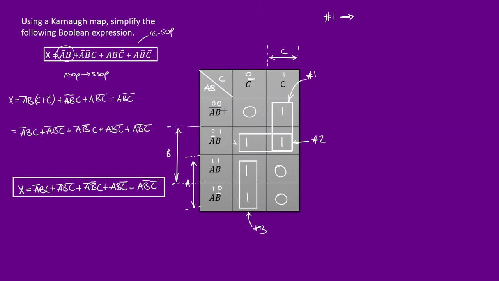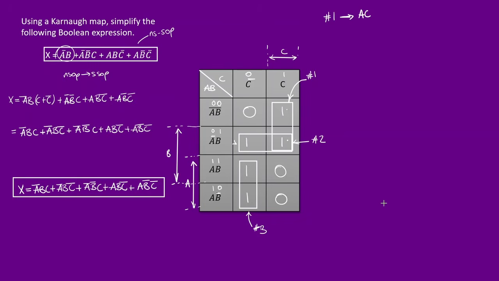Okay, so looking at this, across this cell and this cell, B changes value from 0 to 1, meaning that our prime implicant number 1 doesn't depend on the value of B. But since A stays constant, it's 0 here and it's 0 here, we know that A is going to be involved. Okay, and since it's in the C column, we can say that the set 1 is described by AC. You understand what I'm trying to say?